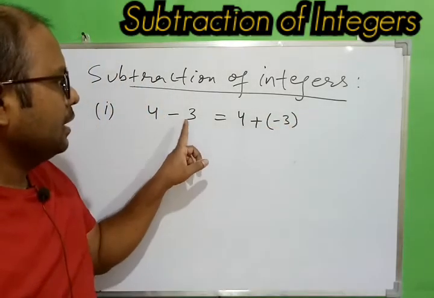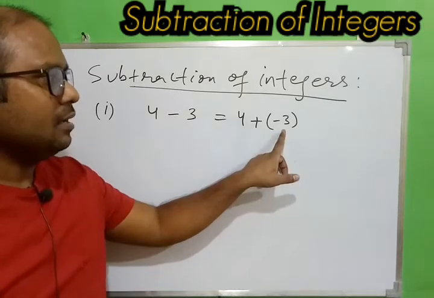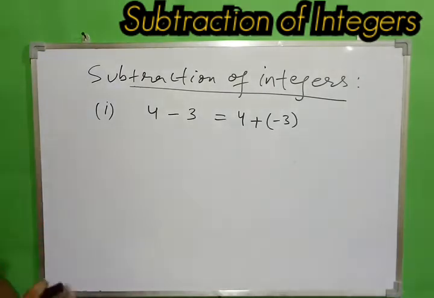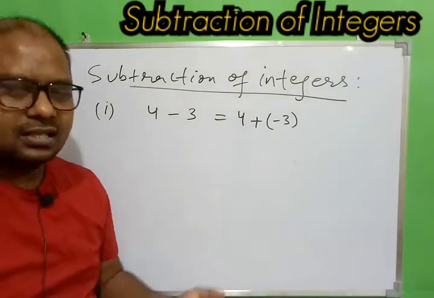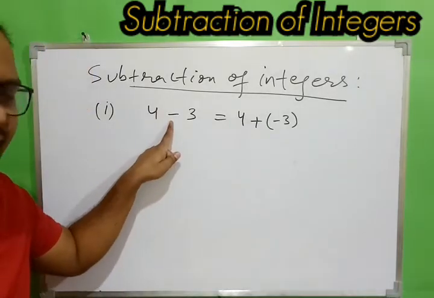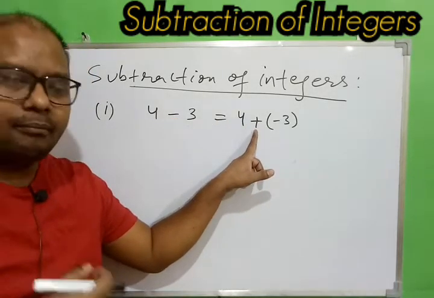That is, in place of 3 we are writing minus 3, and in place of minus we have written plus. This is how we can modify, and the answer will still be the same, but in place of the subtraction sign now we have given the plus sign.